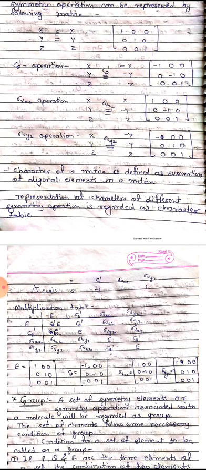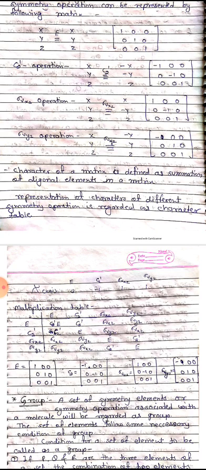And in C2 operation, it is -2 plus 1, that is -1. Then character of C2 operation is -1.